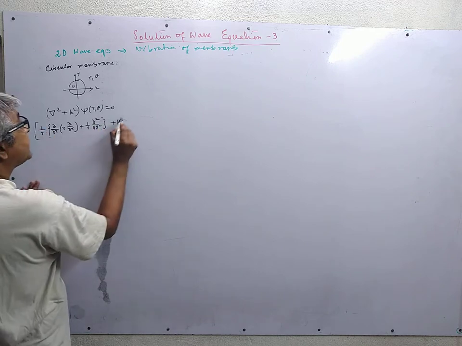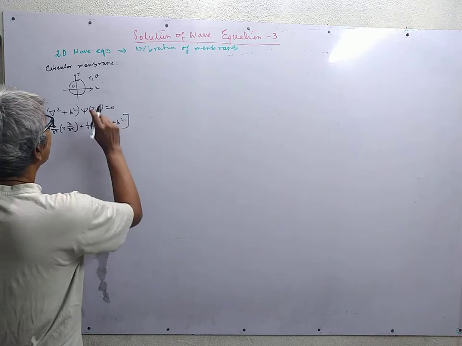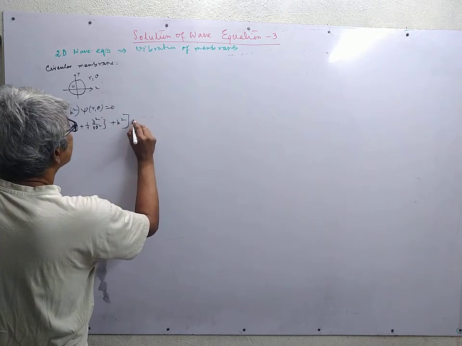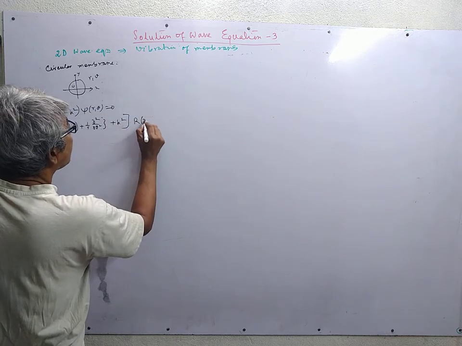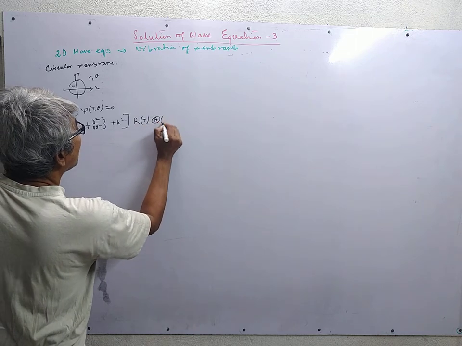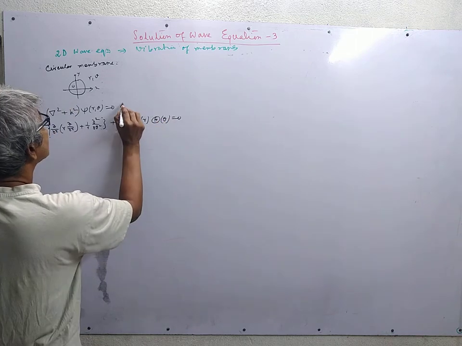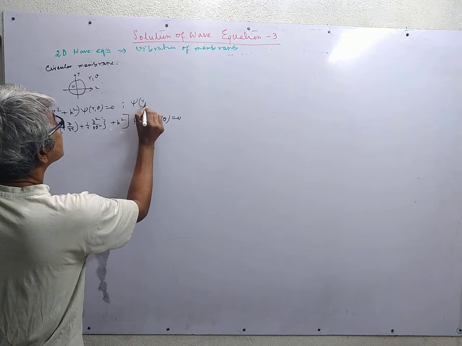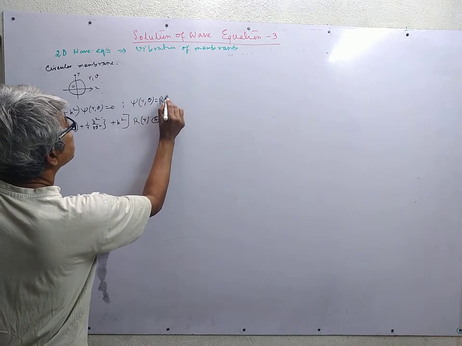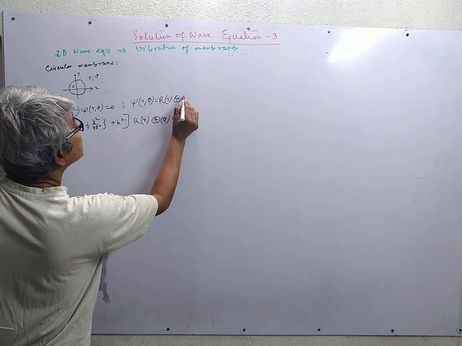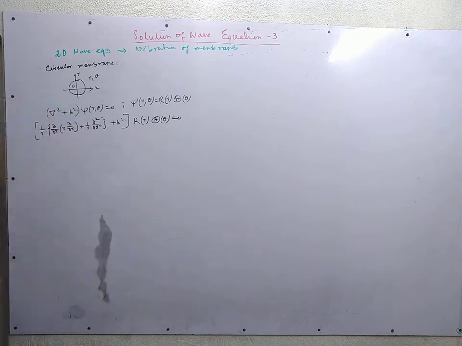This is the entire operator, and for this we use psi of r, theta equal to big R of r times big Theta of theta.